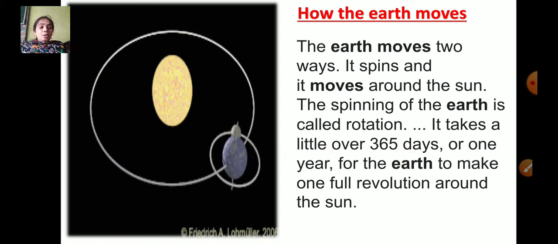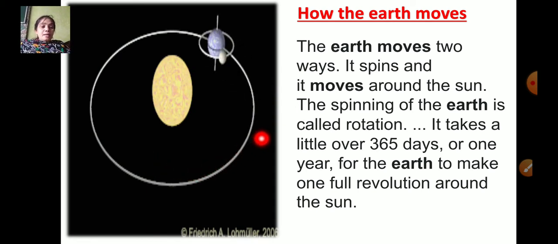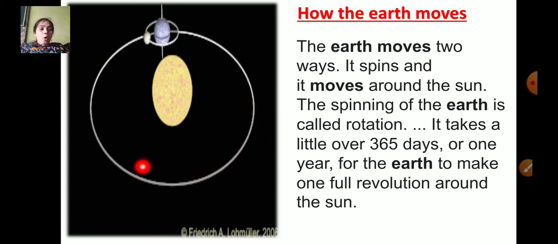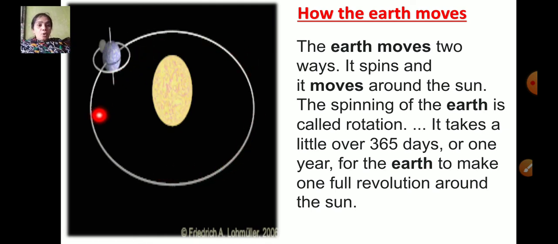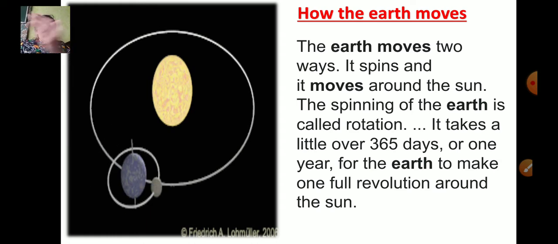So the earth moves around the sun in a fixed path, called an orbit. So this line is called the orbit. Earth does not move here or there, or closer to the sun or far away from the sun.